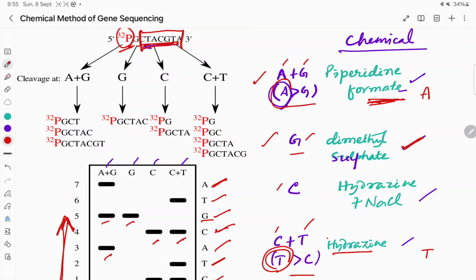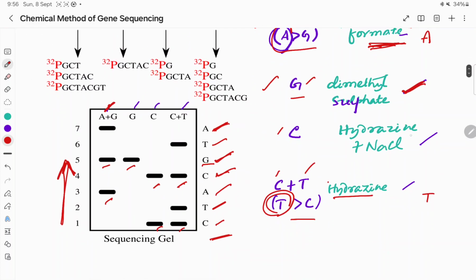So we identify it as A when there is a spot in the column where we have used piperidine formate, the A plus G column. We will get one spot, then it is identified as A. For G, both piperidine formate will break as well as dimethyl sulfate also will cause the break at G. So we will get two spots at G and we identify it as G. Similarly, for C, we get two spots at this C column as well as at the C plus T column.